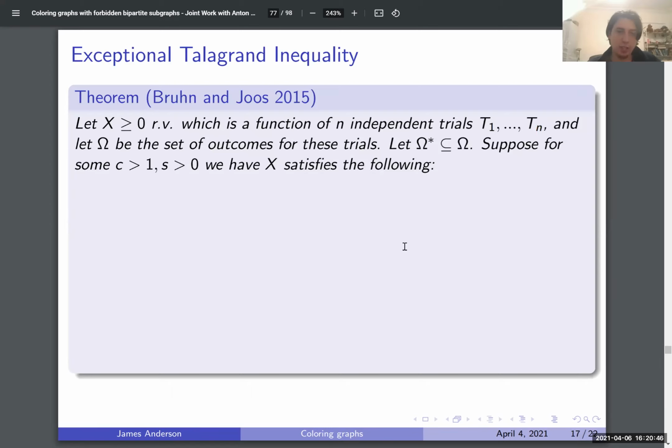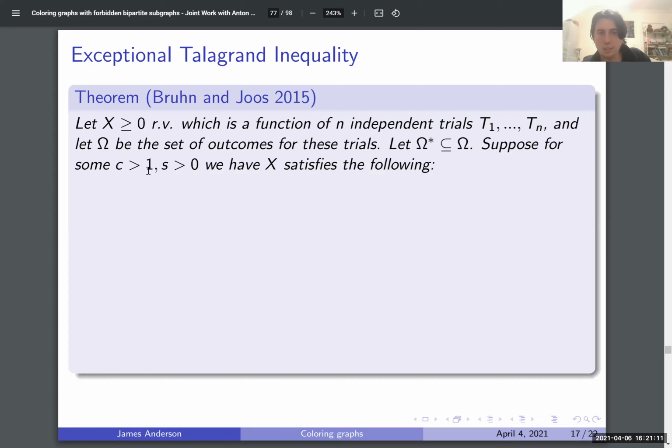In 2015, Bruhn and Joos showed that for X a non-negative function of n independent trials, if we let Omega be the set of outcomes, and Omega star the subset which is going to be these exceptional outcomes, we can do the following.